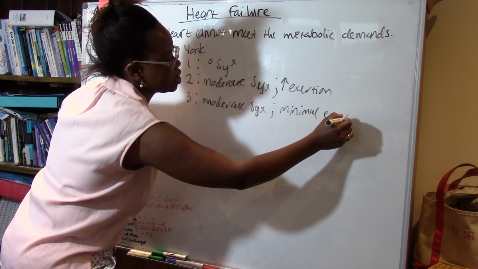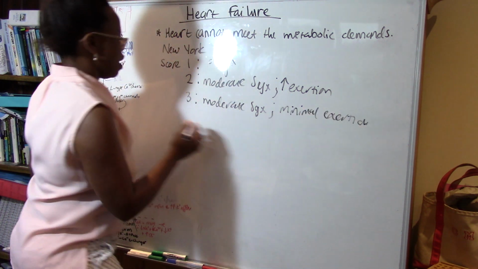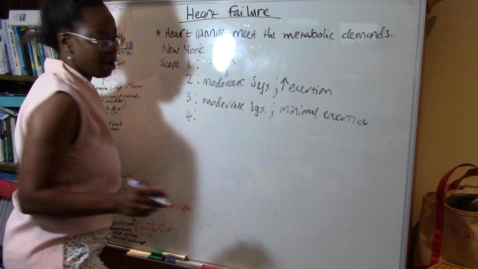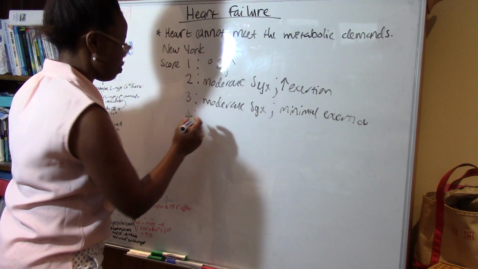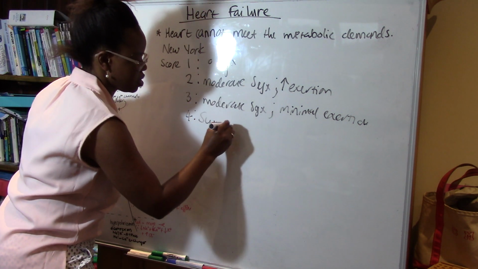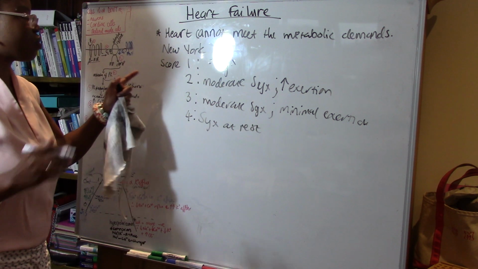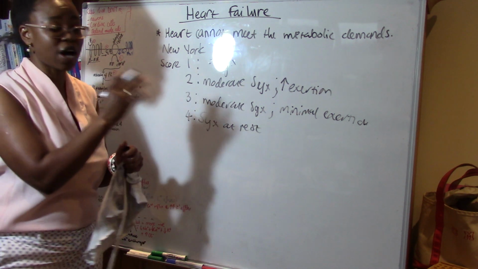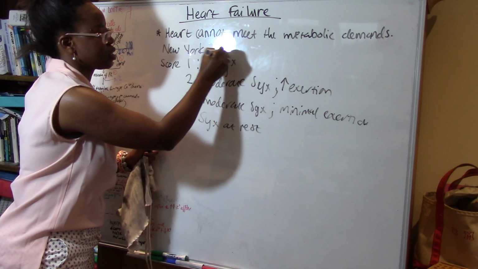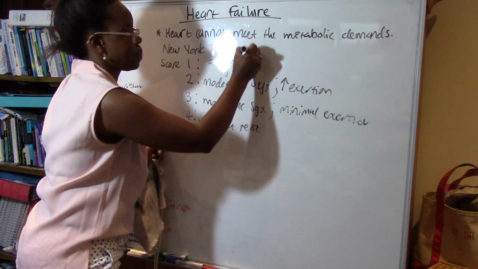So this is grade 3. And then grade 4 are people who are really unwell. They have symptoms at rest. And so this is the New York Heart Association grading system.